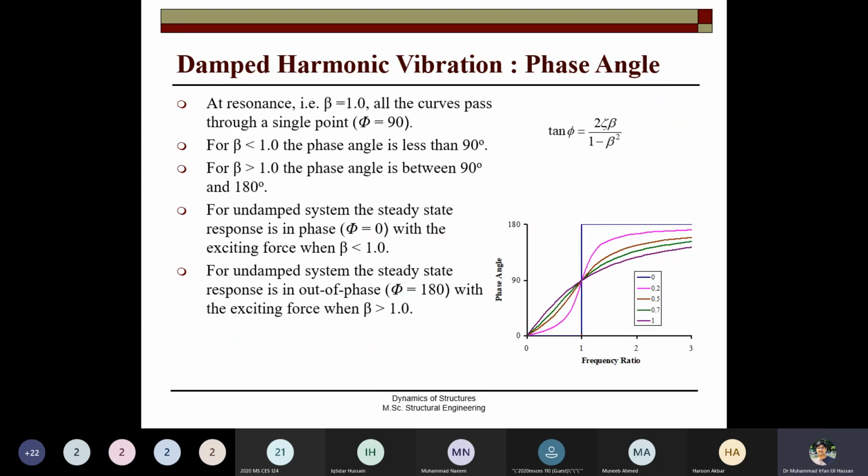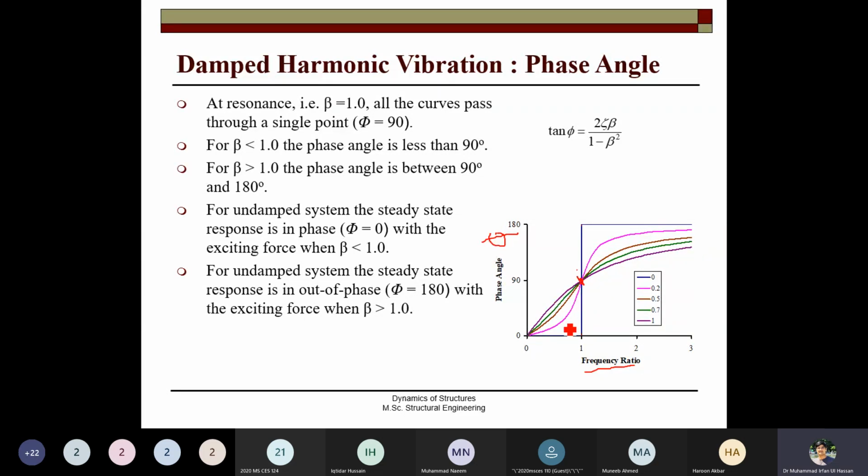And now when you plot the phase angle, phi, as a function of beta, you see that after the frequency ratio 1, the phase angle suddenly changes. It changes behavior at frequency ratio 1.